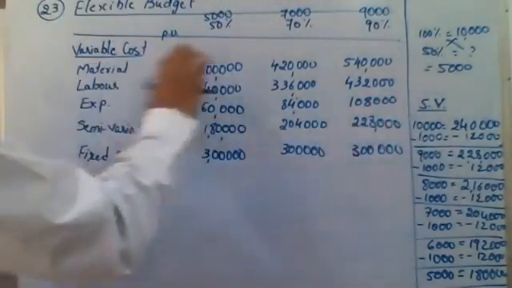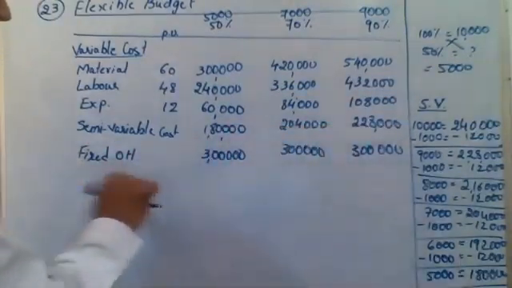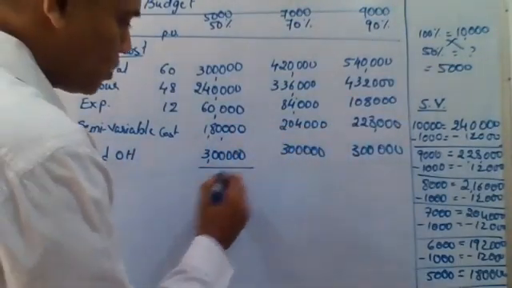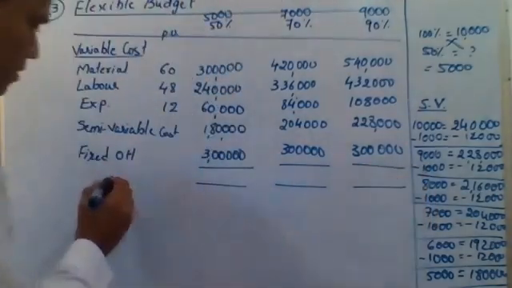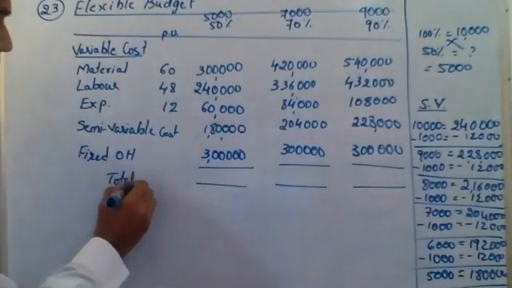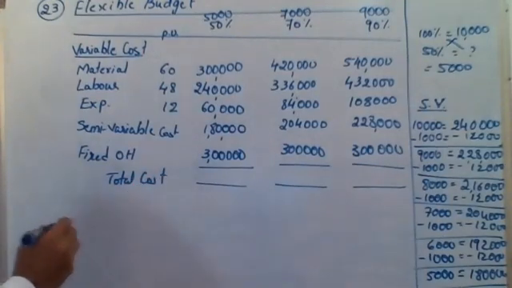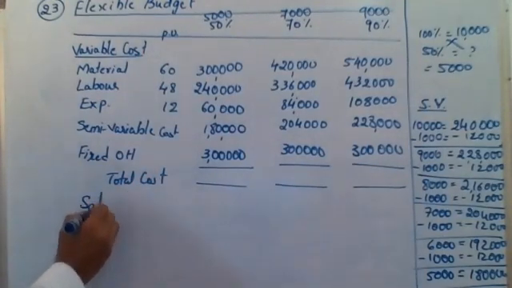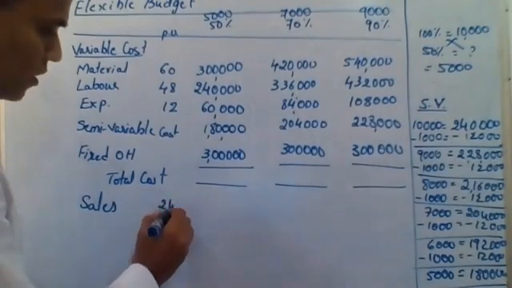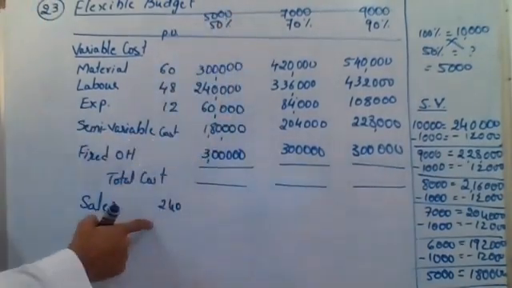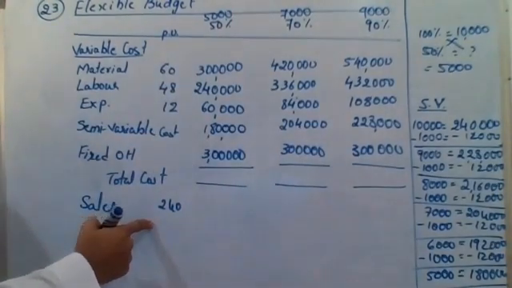So you have the variable cost, semi-variable cost, and the fixed cost. Take the totals. That gives you the total cost. This is your total cost. That's not all, because you have been given the sales information also. The selling price for each unit is 240. So 5,000 into 240, if you multiply, you get 12 lakhs.